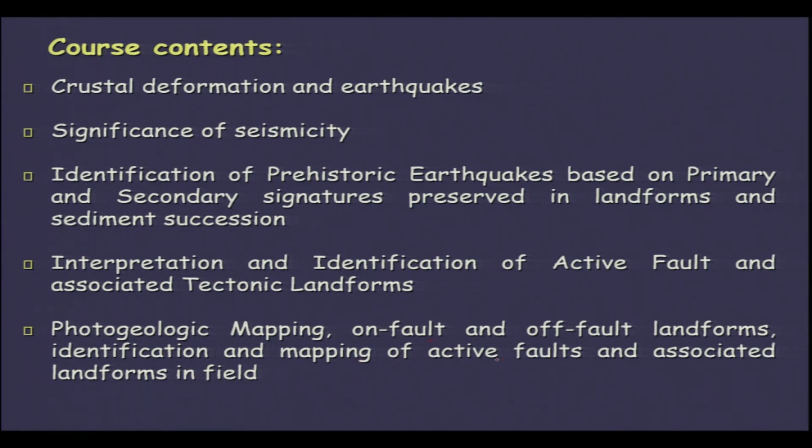Identification and mapping of active faults and associated landforms in field. Now, one which we can do is, of course, a basic identification, and this will further be used to this information which we will generate using the photogeological interpretations or the satellite data interpretation. You will also try to map those features in field. So, what are the techniques which we use?